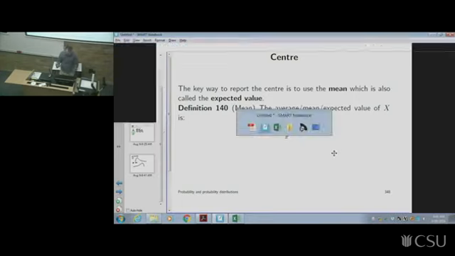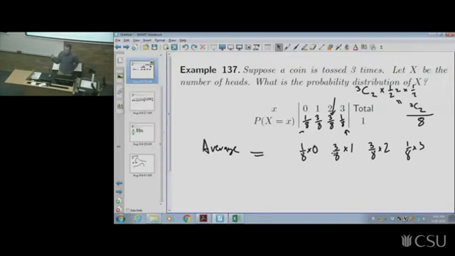So what I mean by that is, for each case, each number, 0 up to 3, get the numbers, multiply them by the probability and add them all up. And then you get the average. And in this case, because it's exactly symmetric, I reckon it's bang in the middle there, 1.5, without really doing any calculations at all.